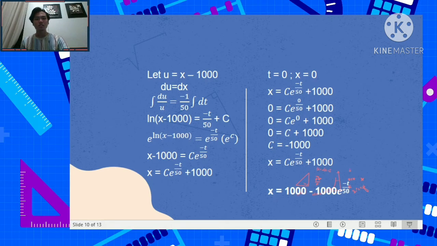Then e to the power of 0, we will have 1. So we will have 0 is equal to c plus 1000. Then transpose 1000, resulting in c is equal to negative 1000. And then substitute it to the base formula. We will have x is equal to 1000 minus 1000 e to the power of negative t over 50.